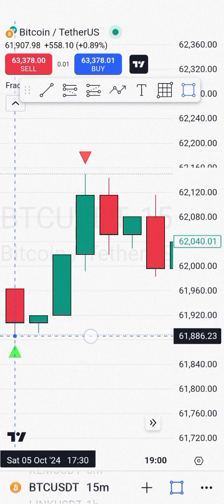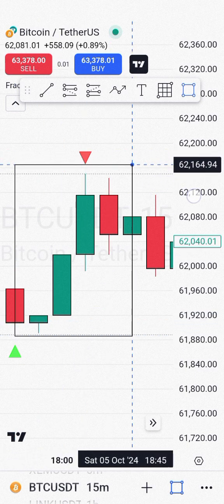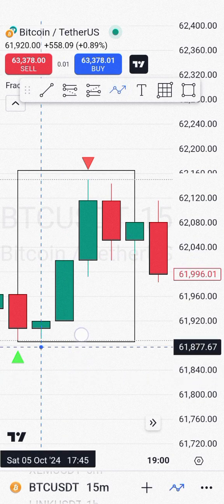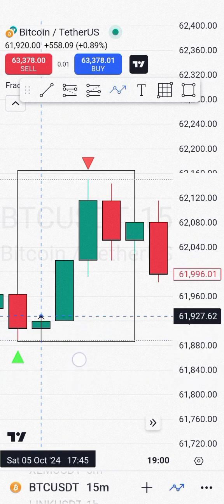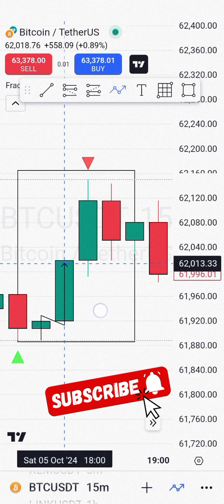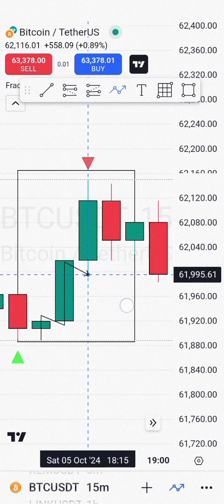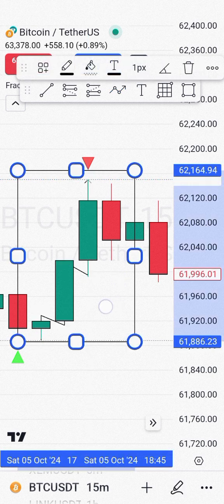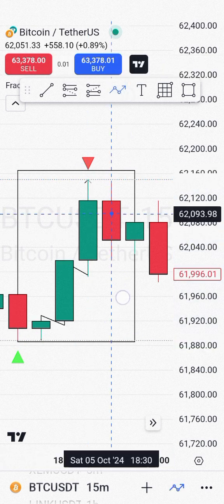The next thing we're looking at is pullbacks. Okay, so let's say we have impulsive candles. You can see that these candles keep going higher.